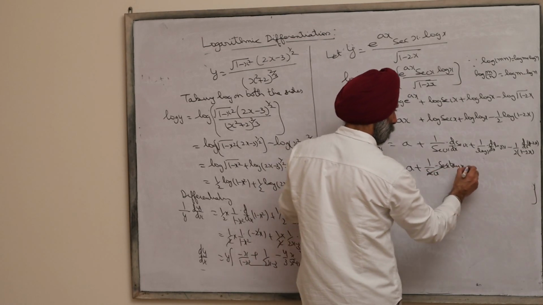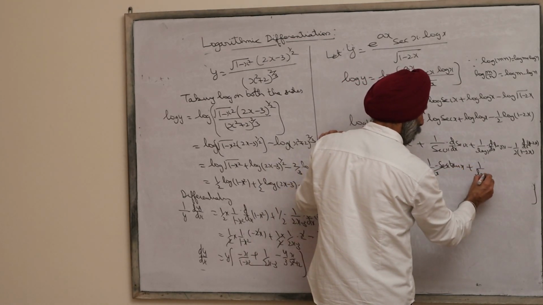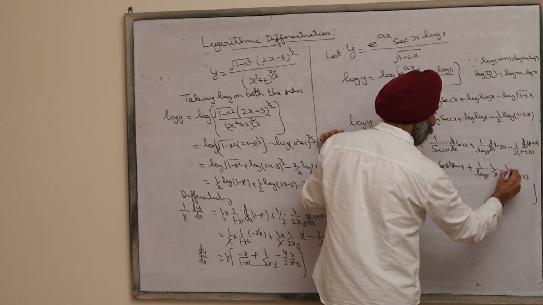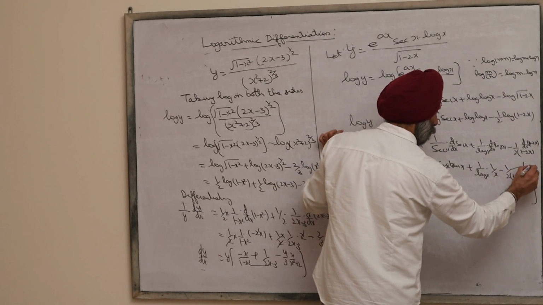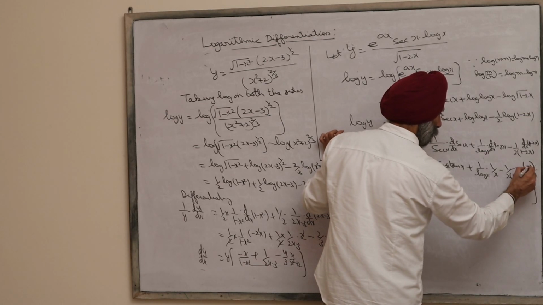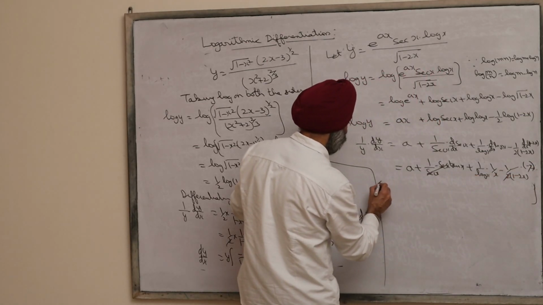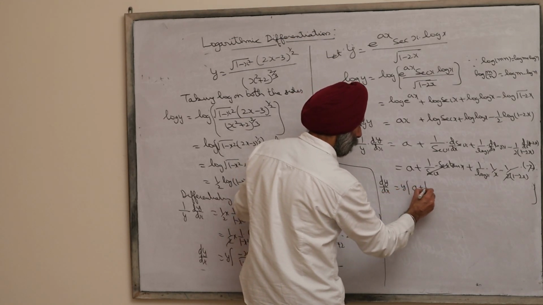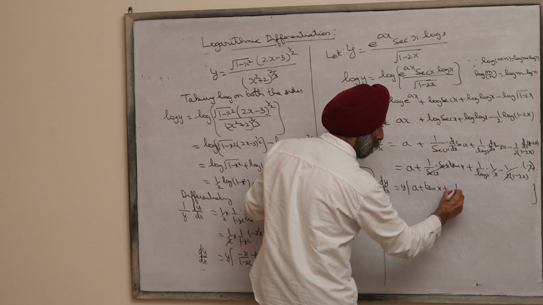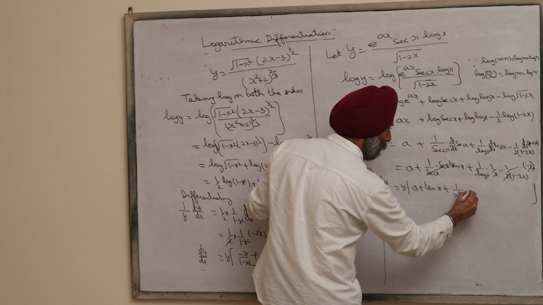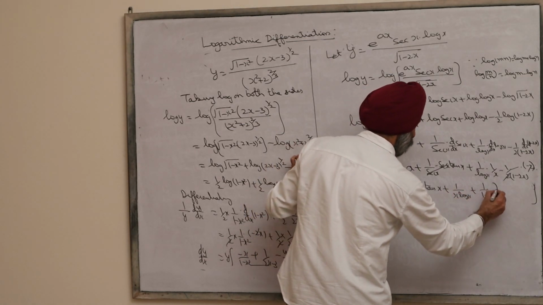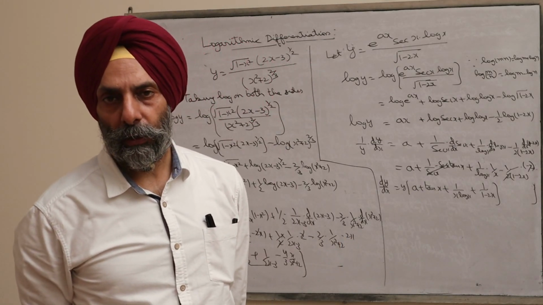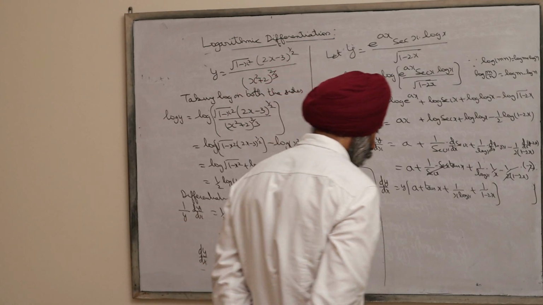This factor will cancel, plus 1 over log x into 1 over x, minus 1 over 2 into 1 minus 2x into minus 2. Sorry, it is minus 2 here. So this will cancel. What is that? So dy over dx is equal to y into (a plus tan x plus 1 over x log x plus 1 over 1 minus 2x). So this is the differential of a function when multiple functions are involved here.